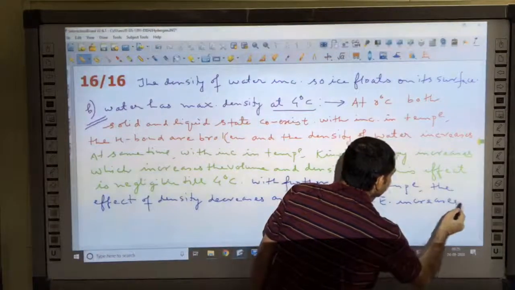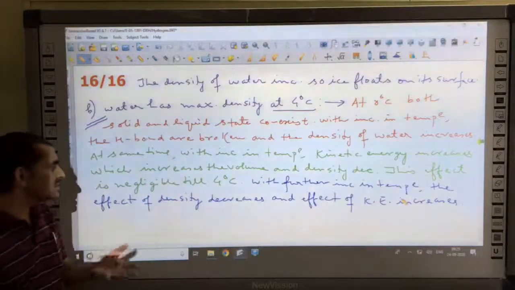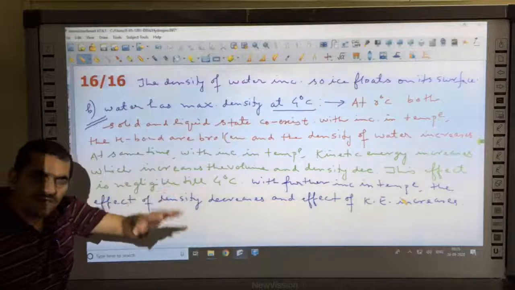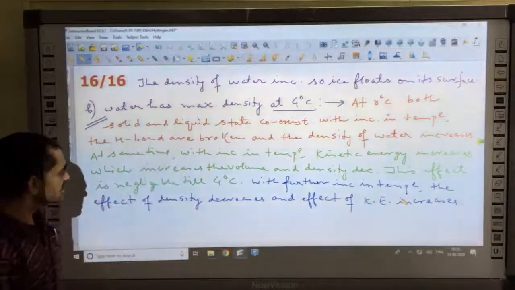The effect of kinetic energy increases beyond 4 degrees centigrade. This is going to happen. The density will decrease and the kinetic energy effect will increase.